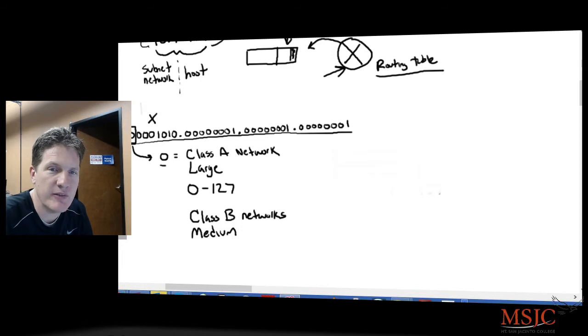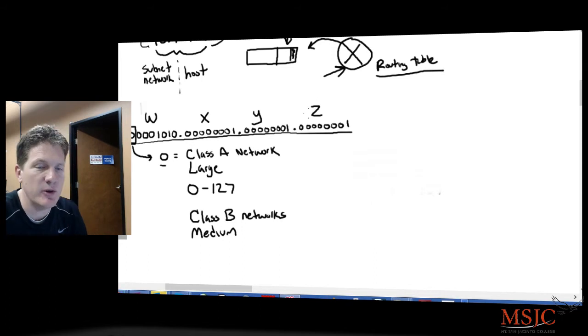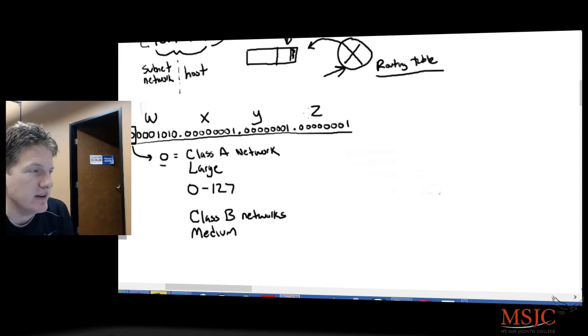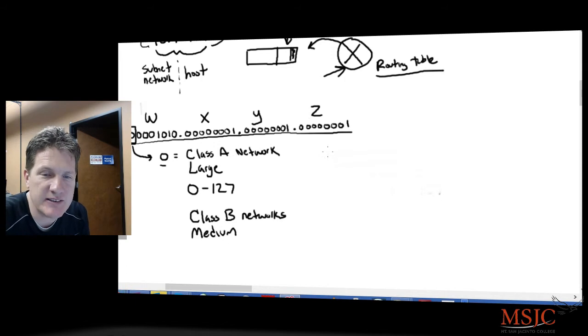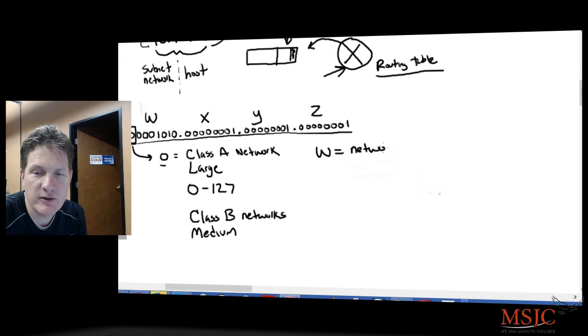Oh, actually, let me make that the W octet. If this is the W octet, and then the remaining octets are W.X.Y.Z. In the Class A scheme, they said W is equal to the network portion of the address.